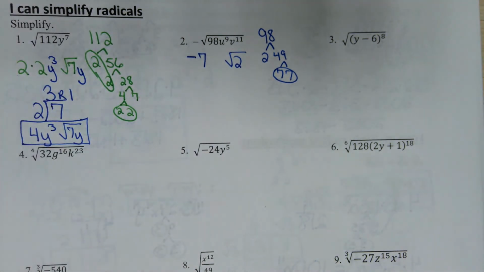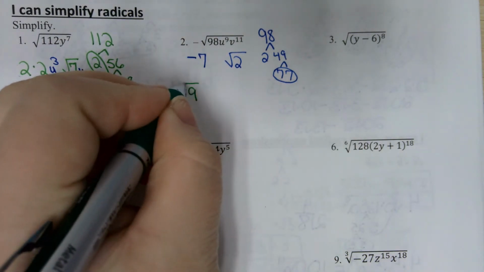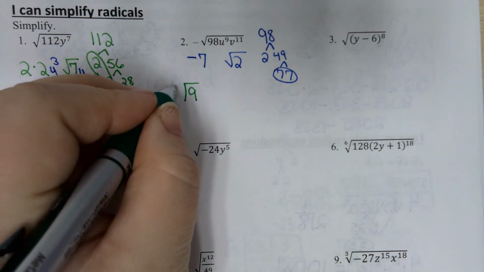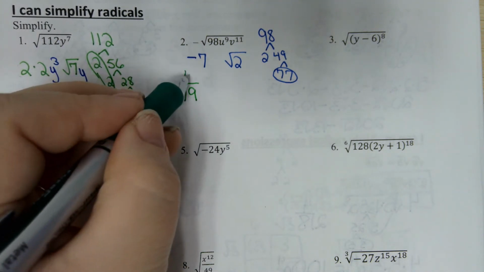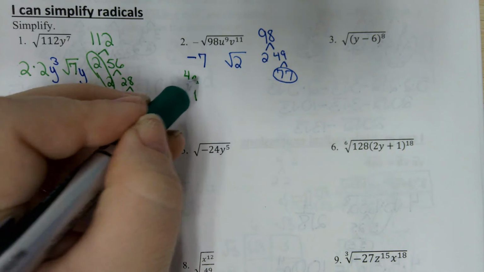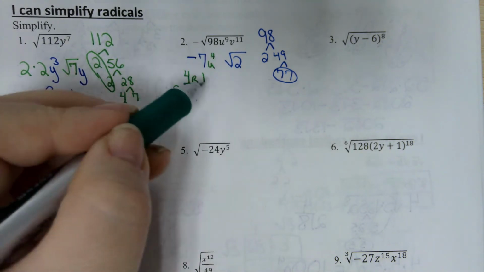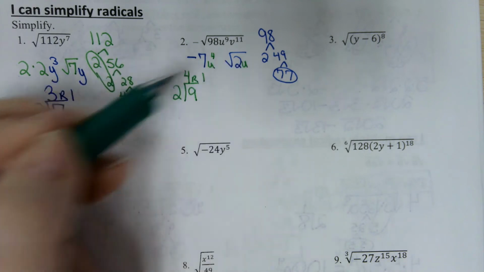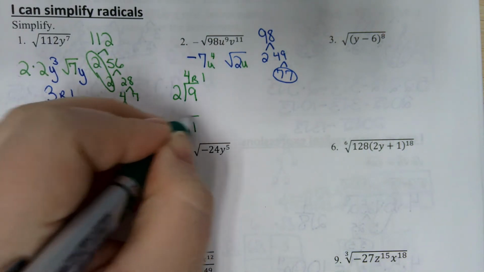And to deal with the variables, we'll take their exponents. So in the u's case, it's 9 divided by the index, which is 2. 2 goes into 9 4 times with a remainder of 1. So u to the 4th comes out, and 1 of the u's remains. Then v to the 11th. So 11 is my exponent.